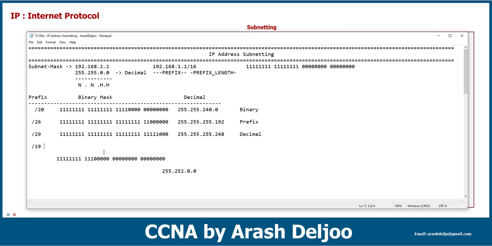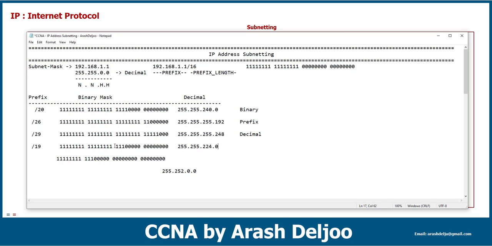After that, in the fourth example, we have the prefix version. Here we have the prefix, again /19. We need to use 19 ones. This is 8 ones, this is 16 bits of one, and after that 1, 2, 3. Now we have 19 bits of one. Let me fill the other parts with 0. Okay, this is the binary mask, and if you want, you can write 255.255, then 224.0.